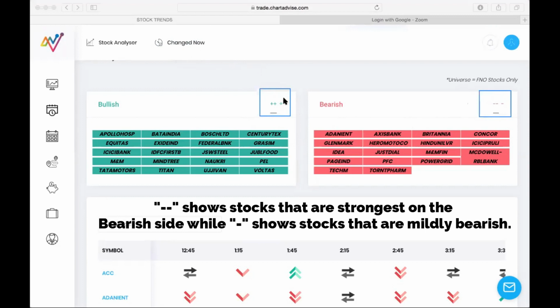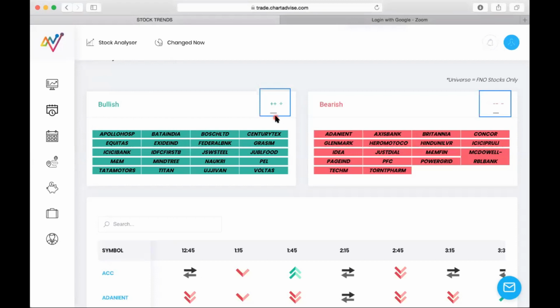If you can see this black line over here, it is selecting strong bullish, which is denoted by two positive signs. So these are the stocks that are showing a tendency of being strong bullish.